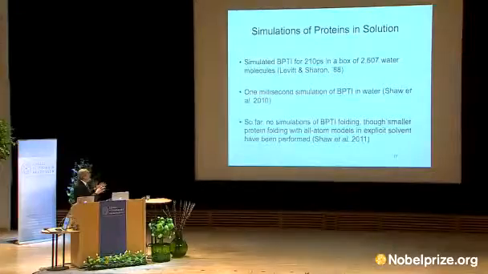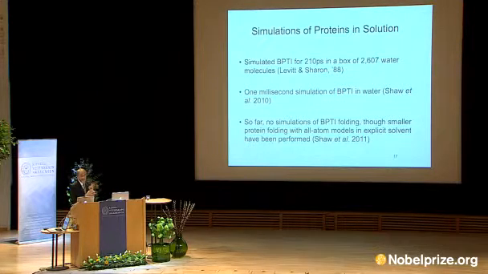Then, much more recently, with specially designed computers, Shaw and his co-workers have done a simulation that's 1 millisecond in length. And to us, not very much interesting happens. You get somewhat more global motions in the protein. But to us, the most important thing was the following. We always were scared, I suppose is the correct word, that these potentials which worked for 10 picoseconds or 100 picoseconds, if you simulated the system for a millisecond, it would just fall apart.